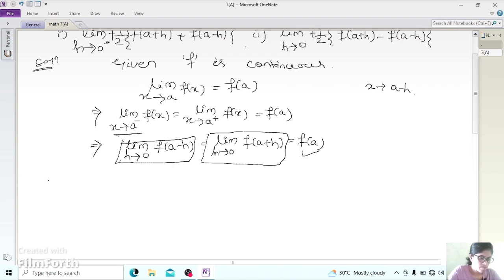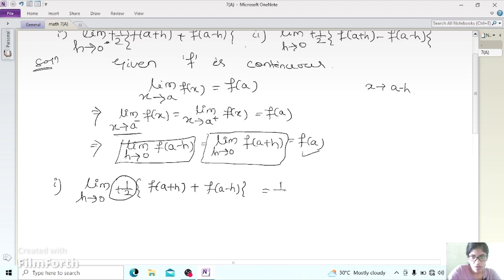Now from I, limit h tends to 0 plus half into f of a plus h plus f of a minus h, which is equal to, taking plus half to outside, limit h tends to 0 f of a plus h plus limit h tends to 0 f of a minus h.